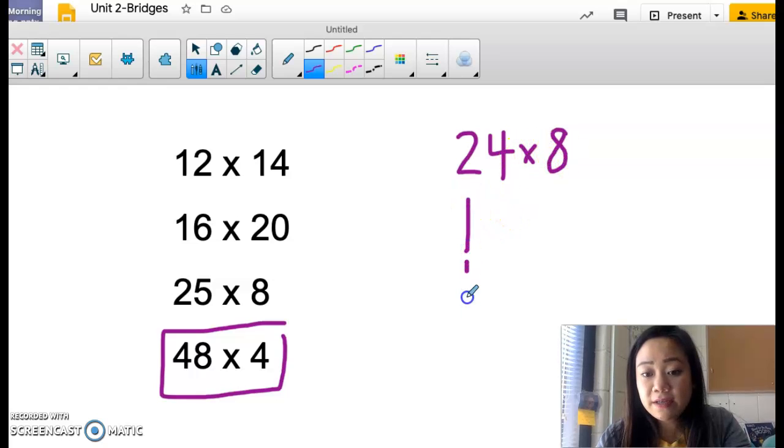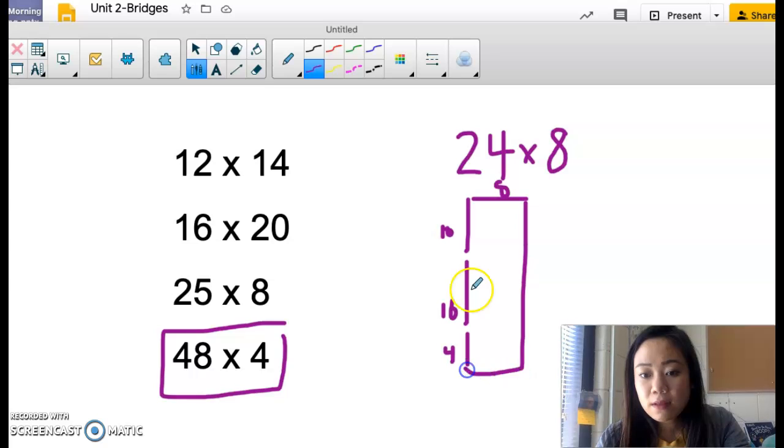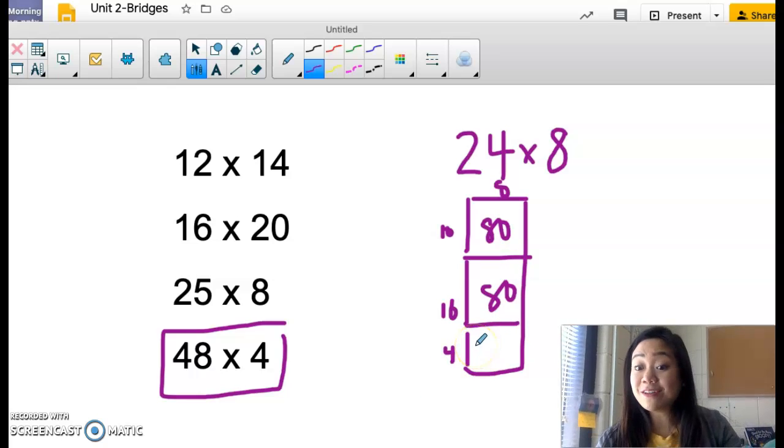So I can do 10, 10, and 4, and 8. All right, right here is 10 times 8, which is 80. Here is 10 times 8, which is 80. Here's 4 times 8, which is, I can sing my 4 song.